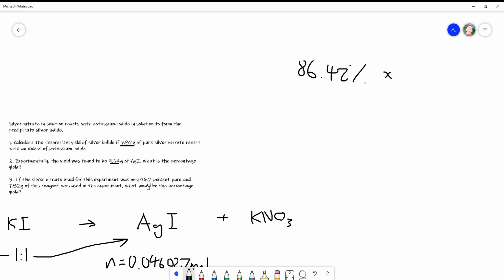The decimal form is found by taking the percent pure value and dividing it by 100, which moves the decimal point 2 spaces to the left. So we take 96.2, divide by 100, and we get 0.962. And we multiply this number by 86.42%.